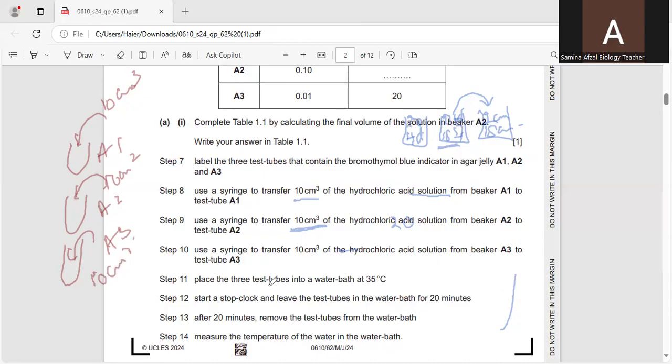Now place the 3 test tubes into a water bath at 35 degrees centigrade. In the water bath, it was kept for about 20 minutes at the temperature of 35 degrees centigrade. After 20 minutes, remove the test tubes from the water bath and measure the temperature of the water in the water bath.